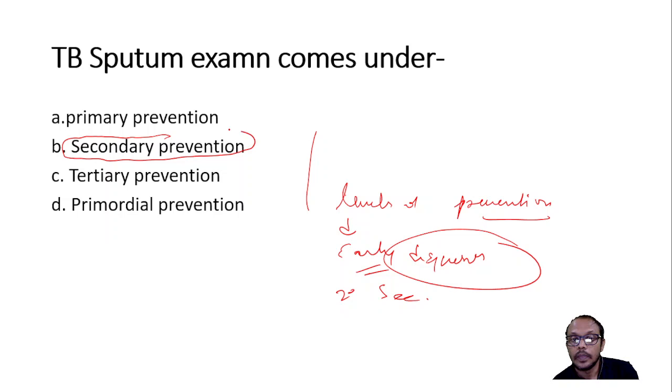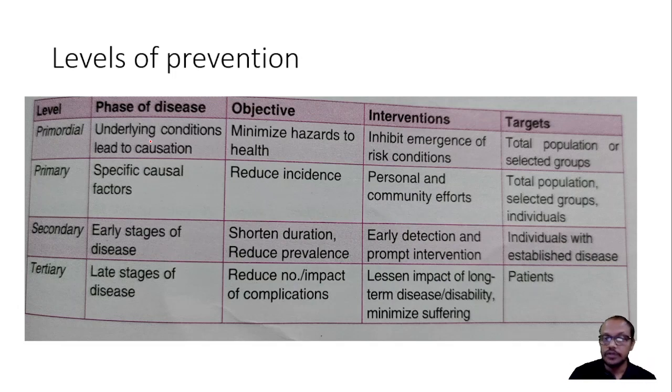So level of prevention is a very important topic, so we have to look at it. What is primordial prevention? Primordial is actually early in life, usually before the emergence of the risk factor. This is the important line you have to remember to differentiate between primary and primordial.